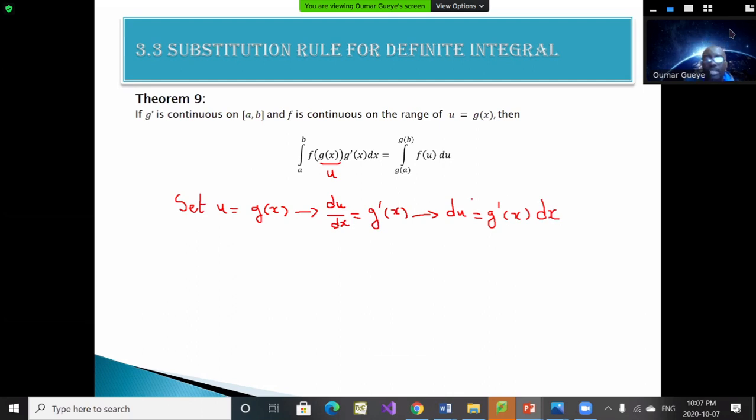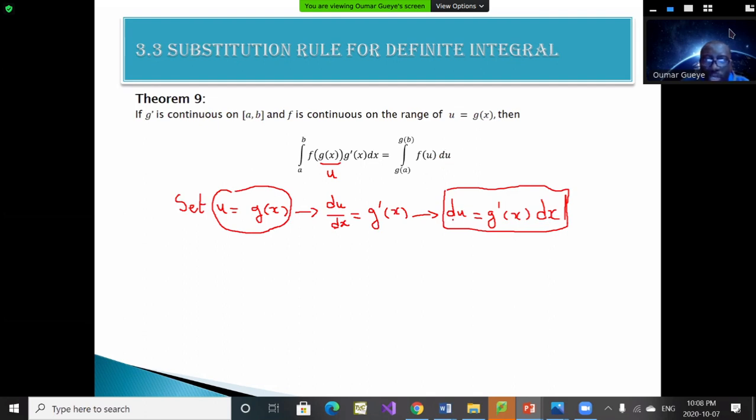Now, knowing du, because by using this substitution I'm integrating with respect to u, not with respect to x. And if I'm integrating with respect to u, in my integral I'm supposed to get du instead of dx.